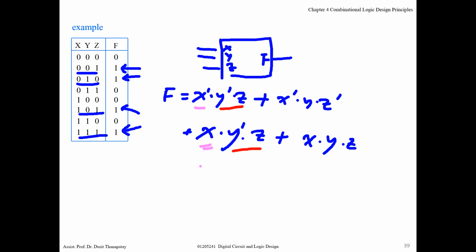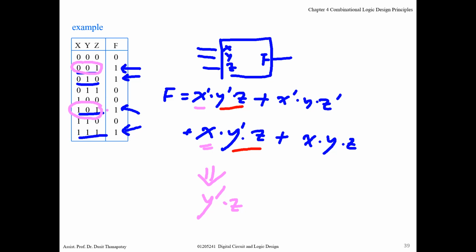So you can reduce these two terms to y prime z. If you look at this one, x prime, y prime z, is this one, and x and y prime and z is this one, right? The inputs 0, 0, 1 and 1, 0, 1.